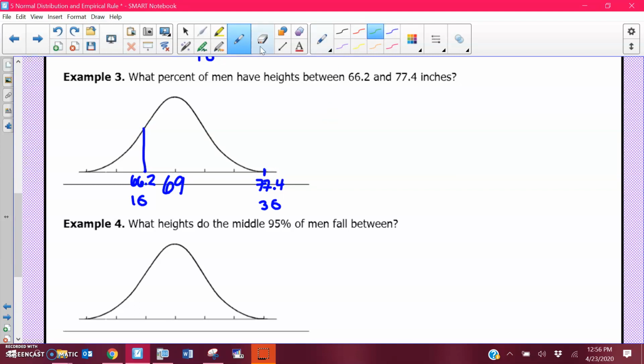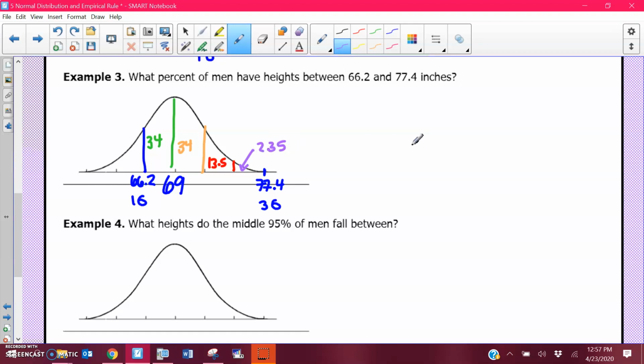There's a couple of ways to do this, but I know that this chunk right here is 34, and this chunk right here is another 34. I could have just added 68, but I'm being lazy. This little chunk right here is 13.5, and then this itty bitty chunk right here is 2.35.